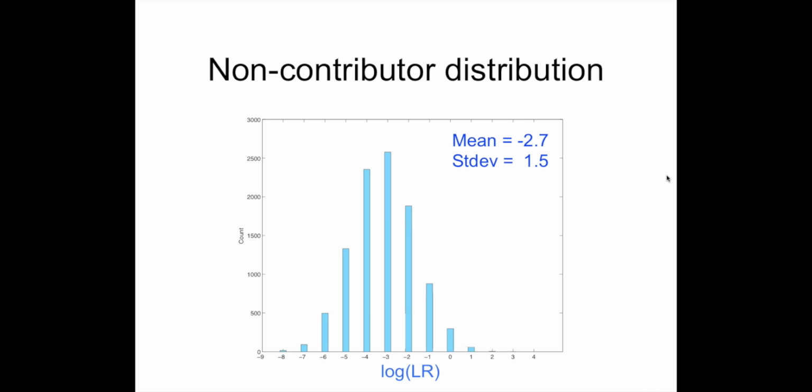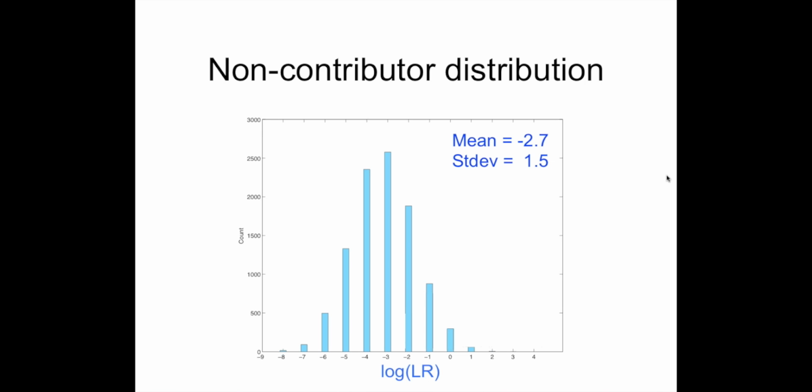And one way to do that is by comparison with random genotypes. But what we see regardless is a bell-shaped curve, and on the axis we have log likelihood ratio values centered at around -3. The actual mean is -2.7, so this is overall exclusionary. And there's a standard deviation of about 1.5.